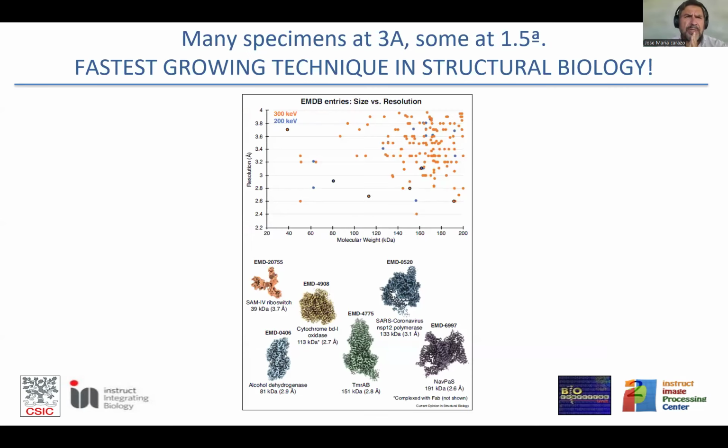Now, the situation is that we have many specimens. Right now, electron microscopy is the fastest growing technology for solving structures. So really, all technologies are needed because they are looking at different things.